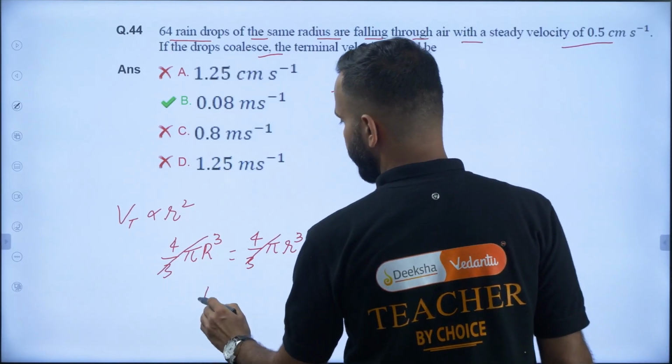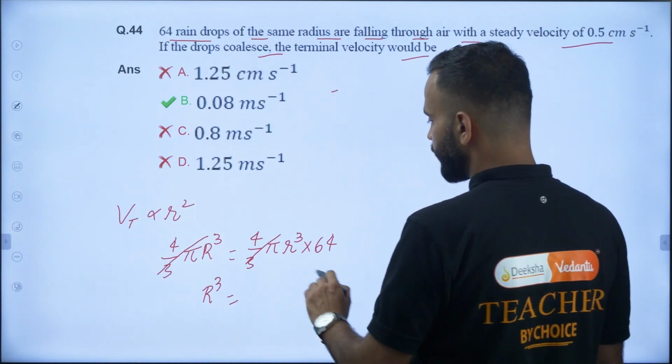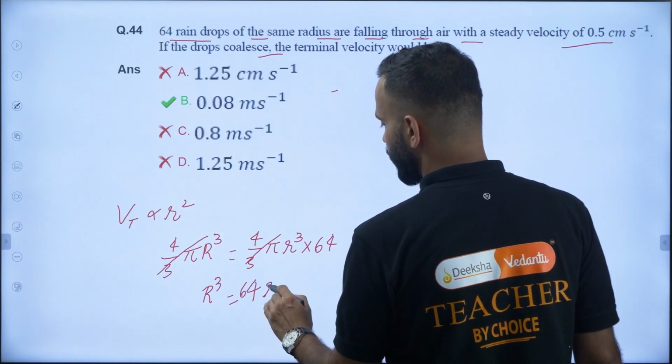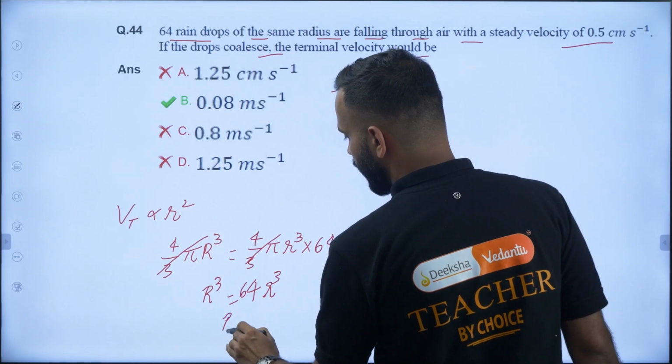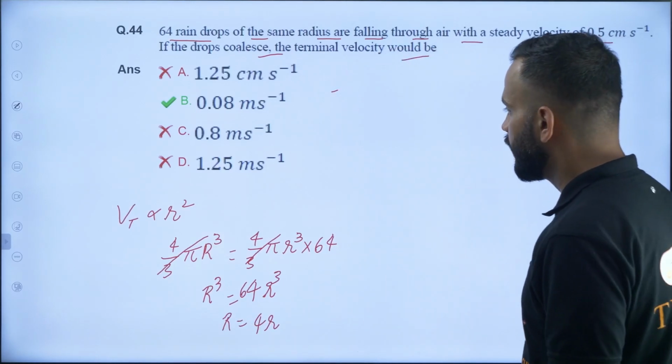So R cube is equal to 64 into small r cube. So R is equal to 4 times r, right?